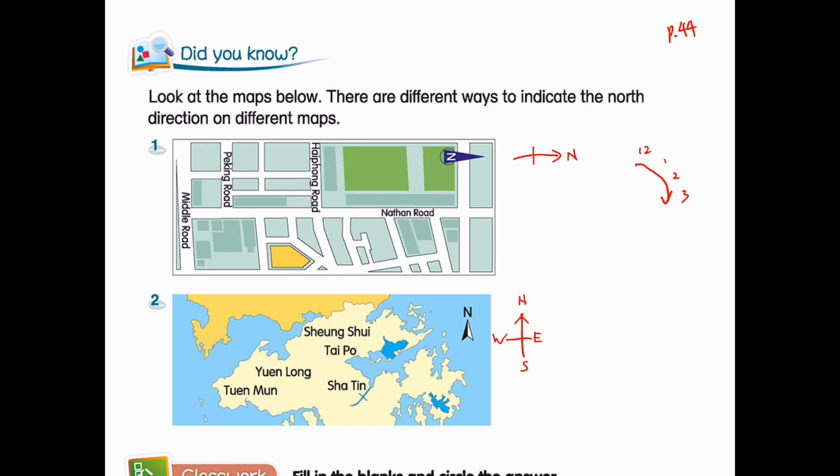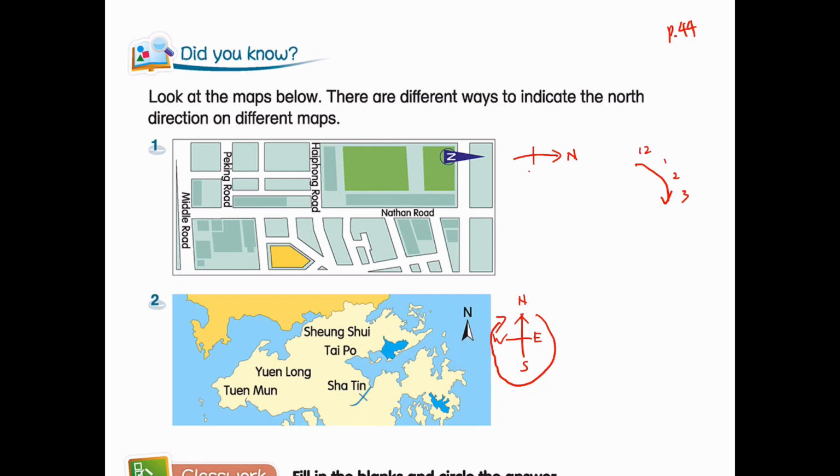So when you look at the direction for part 2 here, think of going through the clockwise direction. In this case, we'll have east after north if we follow the clockwise direction.